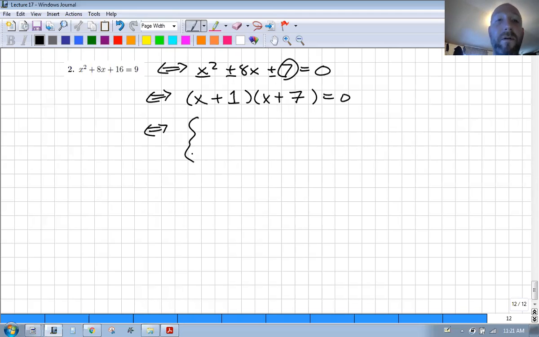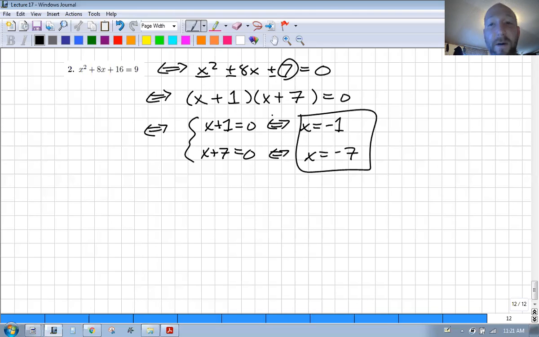So either x plus 1 is 0 or x plus 7 is 0. This one says x is minus 1. This one says x is minus 7. So those are our two solutions. And we can check our work, right?